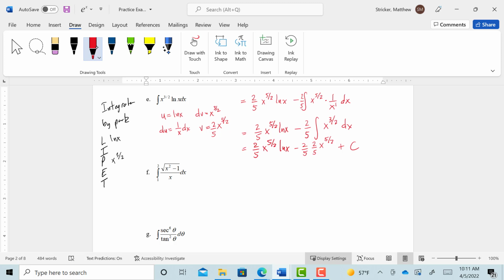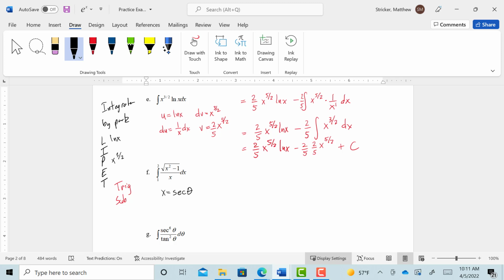All right, so now we move on to F, and you can see with F, ding, ding, ding, right away I see the square root of x squared minus 1. That's making me think right away trig substitution, right? Whenever you have that square root of x squared minus 1 thing, we want to do trig substitution. And when it's the x squared minus 1, that's a giveaway that we're going to want to use secant theta as our substitution.